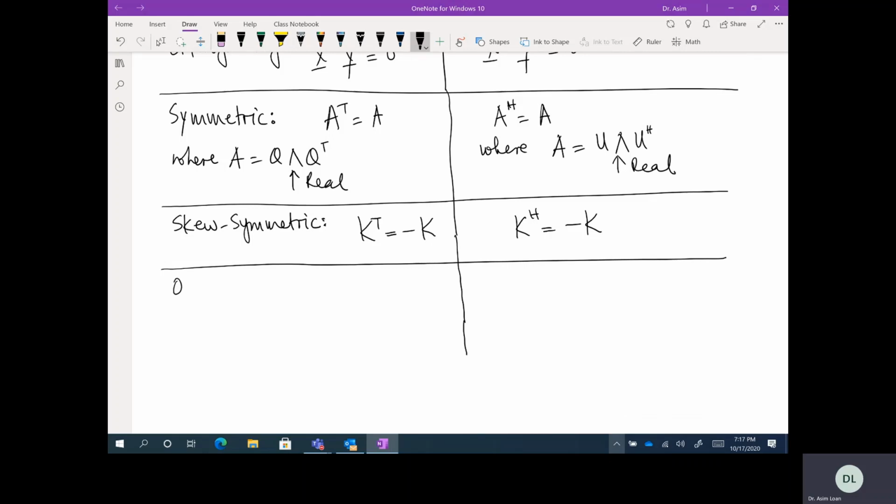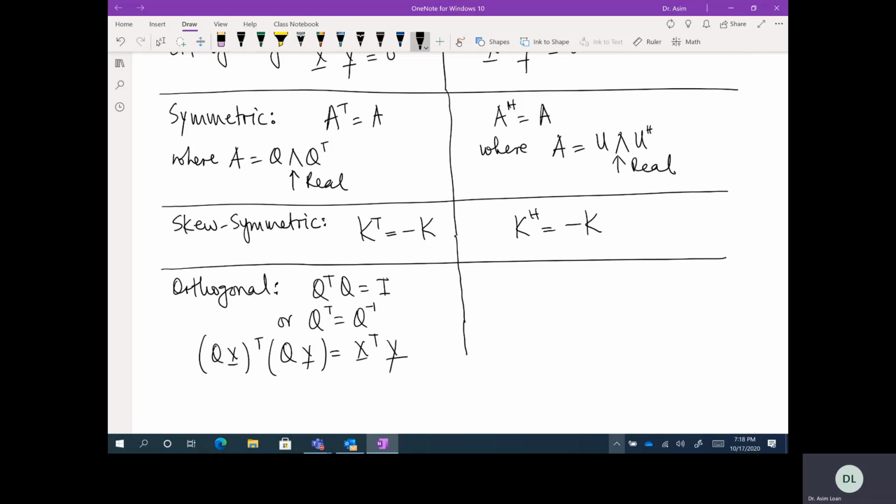And finally, for orthogonal matrices and unitary, we have Q transpose Q equals I, or Q transpose equals Q inverse, or (Qx) transpose (Qy) equals x transpose y. The inner products are preserved, and the lengths are also preserved. Same is the case here.